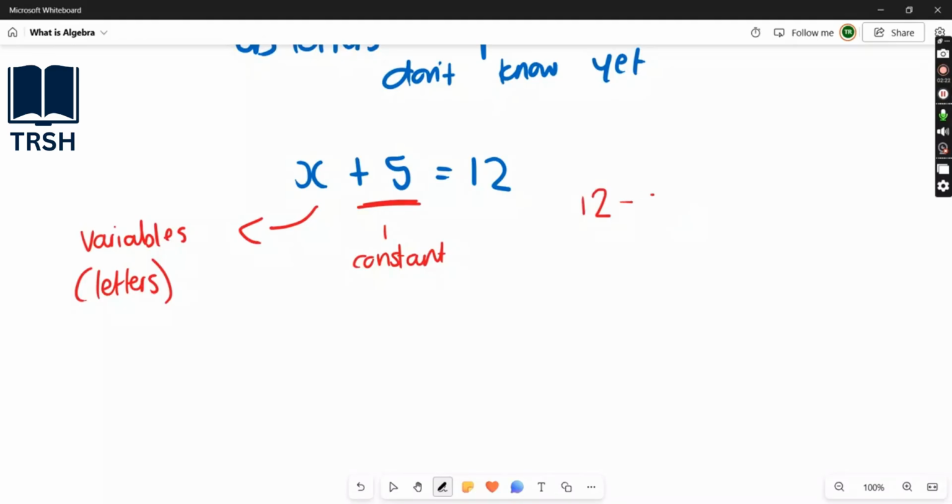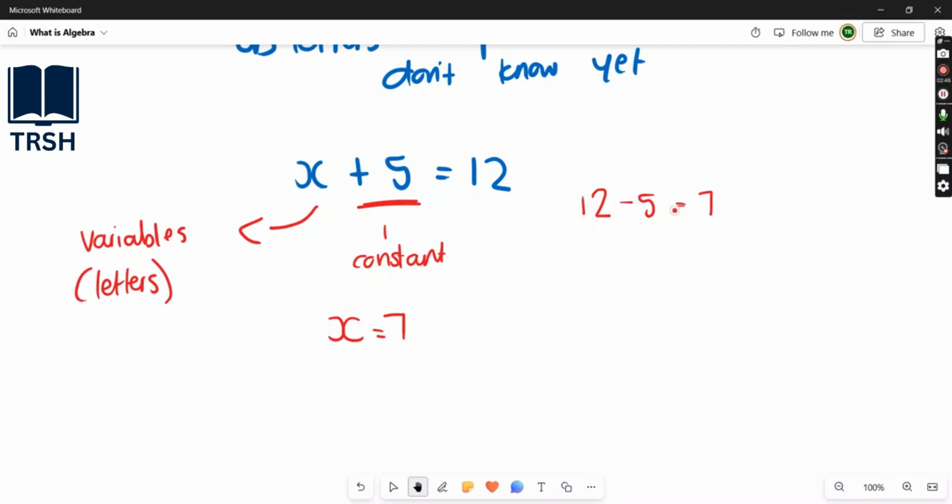So you could just say 12 minus 5, and that gives you 7, meaning that our variable, or our value for x, is equal to 7. So that's just a simple way to go about it. It does get a bit harder and more challenging, but we'll definitely look at those in other videos.